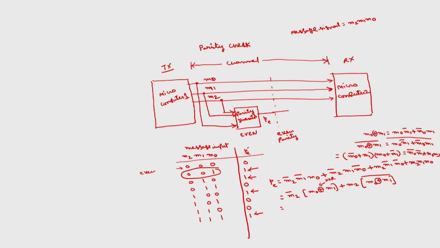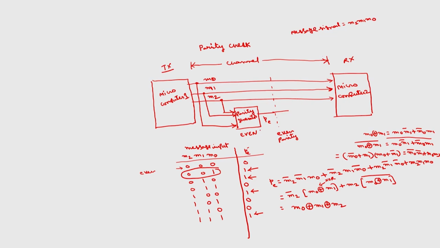So, this is again an exclusive OR between these. Exclusive OR operation has both associative and distributive properties, so we can write this as M0 exclusive OR M1 exclusive OR M2. No bracket is required because of the associative property of the exclusive OR gate.